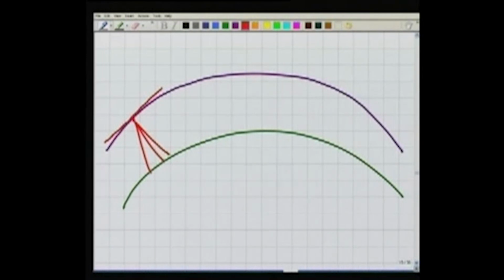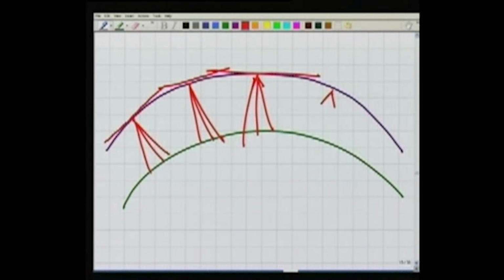One piece, another one, another one, and another one, and this is how we are moving along the surface which is parallel to the mean sea level, or we can say we are moving along a level surface by working in these little distances.